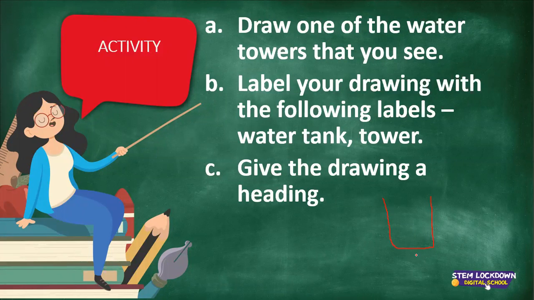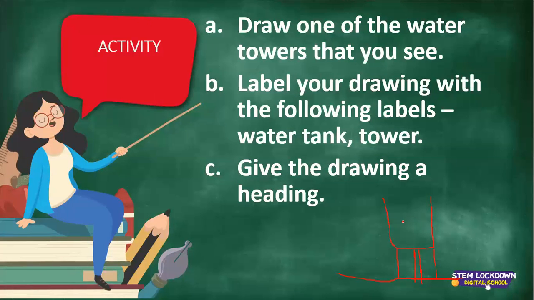Okay, and then you have your structure that's keeping it above the ground. Okay, and then let's say that this is your ground. So I drew a very simple one for you.